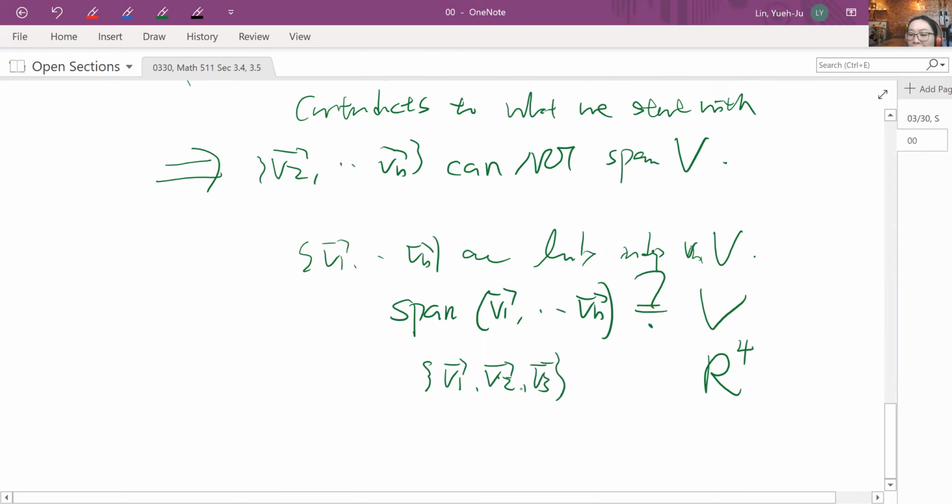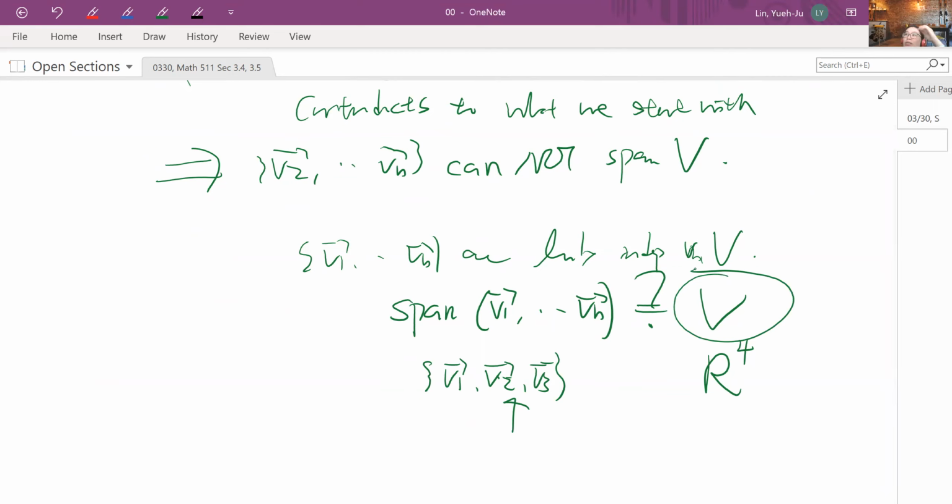That's possible. So you don't know the dimension of V at all in this particular problem. That's why you cannot even use some of the theorems we mentioned today or in 3.4, because for this problem you don't have enough information to determine the dimension of V.